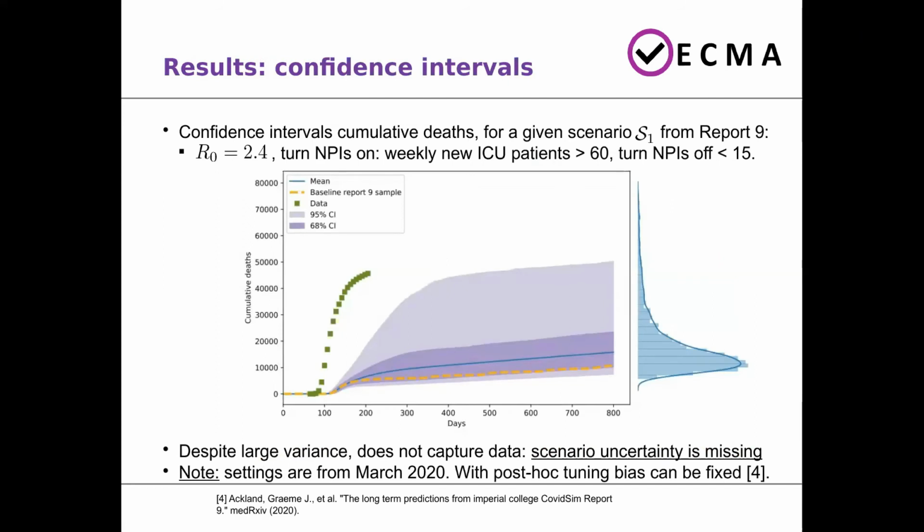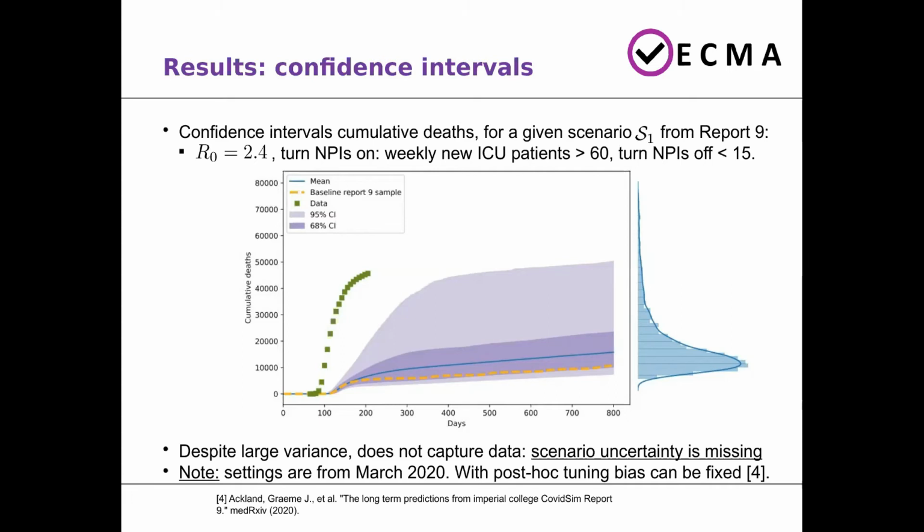So here are some results, and in particular, these are confidence intervals for cumulative deaths. And like I said in the beginning, conditional on a given scenario. So we picked some scenario which you call S1 from the Report 9 article. And in this case, R0, I'm sure you're familiar with this, it's 2.4. We have 4 different NPIs, but that's not enough because the model also needs to know when these NPIs have to be turned on and when they have to be turned off again.